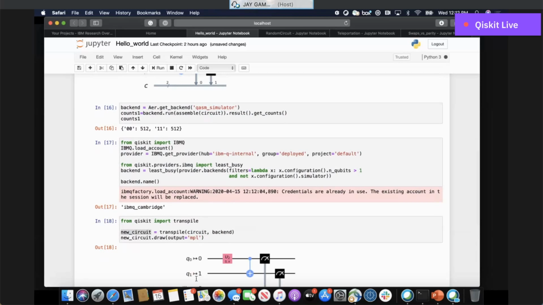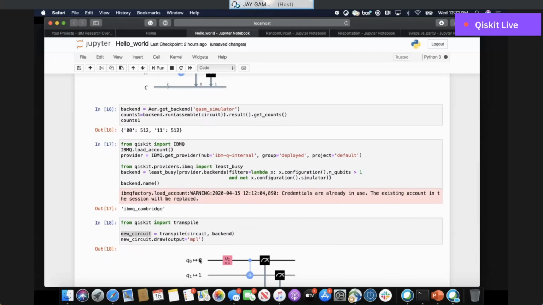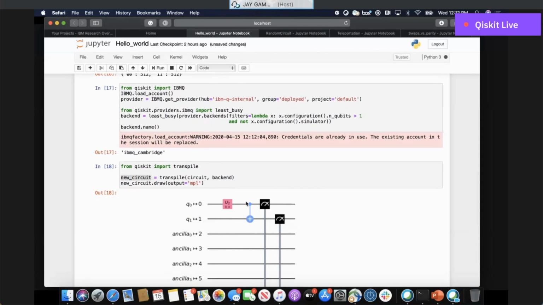What we have to do first, if we are to run this on a quantum computer, is map this to the backends. I'm not going to go into this in too much detail, except to tell you that one of the most exciting things in our software is you can make a new circuit from your previous circuit by going through this compiler pass, which we call a transpiler, and it takes in the backend information.